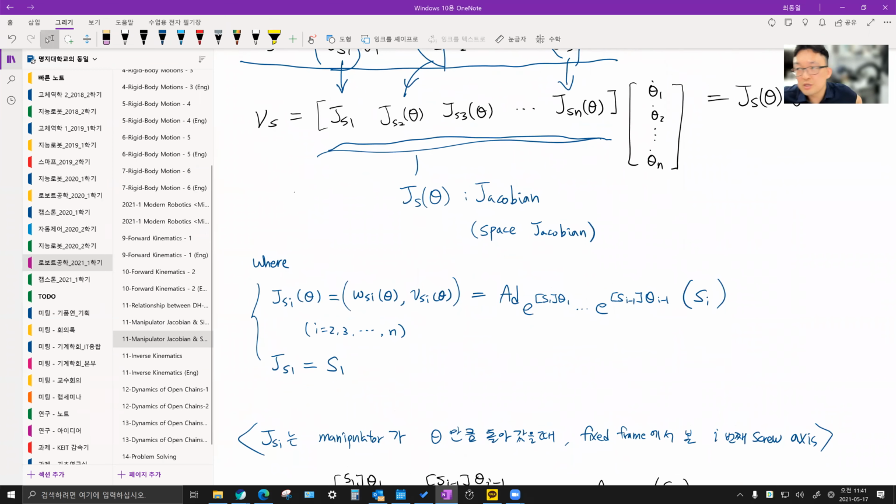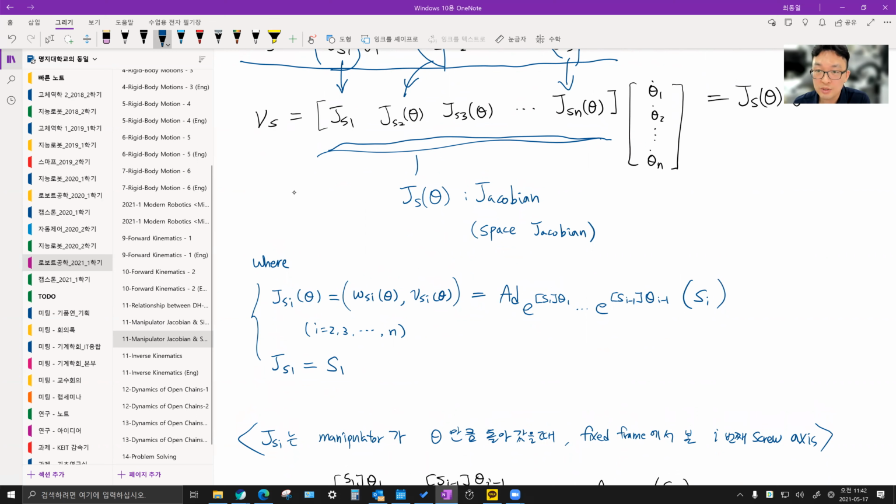In the Jacobian, there are two types of Jacobian. When we get the forward kinematics, there were two types of POE. One is space POE and the second is body POE. Similarly, for the Jacobian, we have the space Jacobian and the body Jacobian.